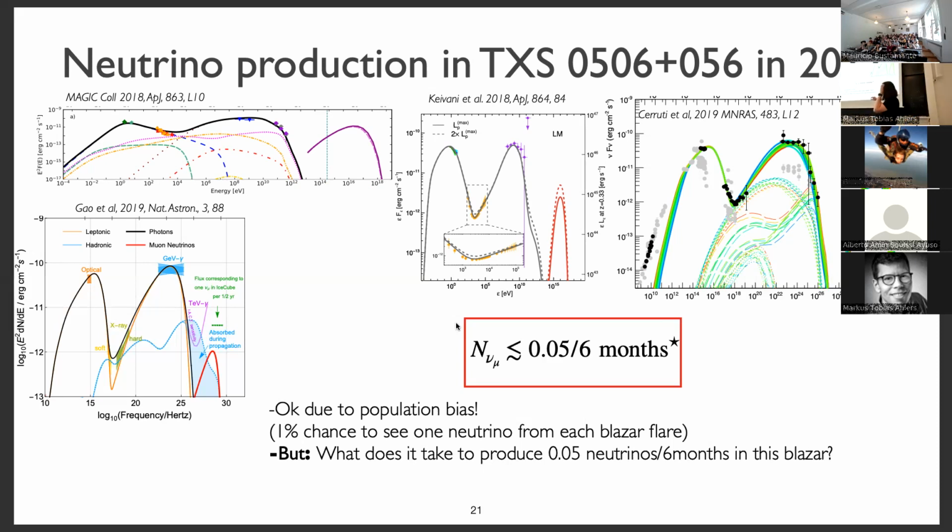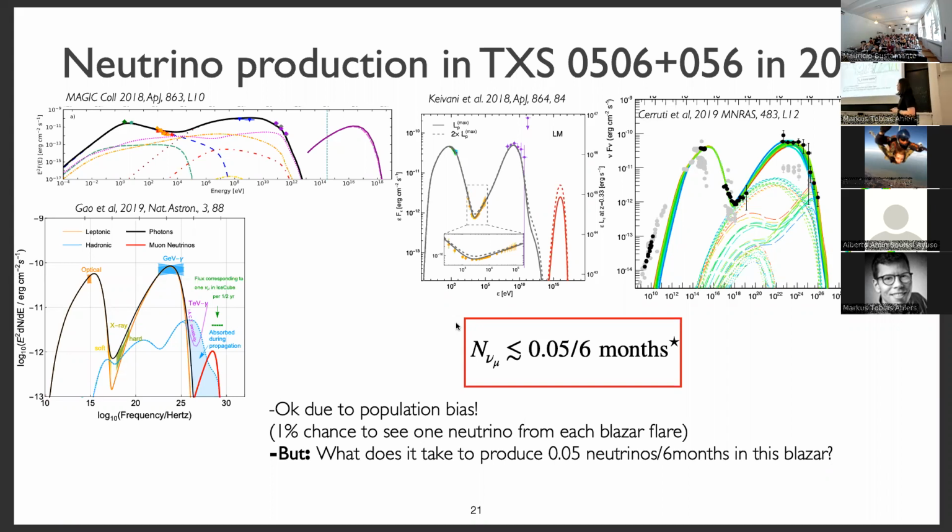What everybody found is that at most, this flare can have produced a 20th of a neutrino in 6 months. So this is okay because the Poisson probability to detect one neutrino, if I have 0.05 expectation value, is 5%. So if I have 20 such blazars, I expect to see 1.